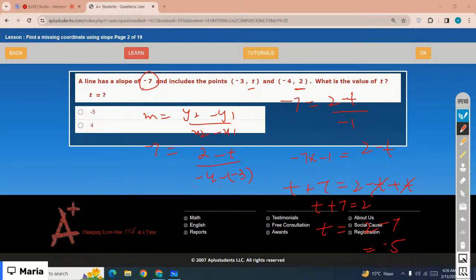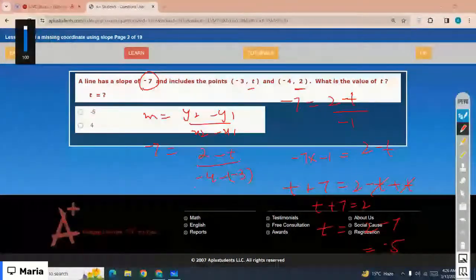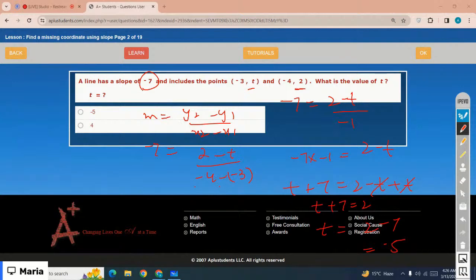Got it? If you have any question, you can please ask. t equals negative 5.